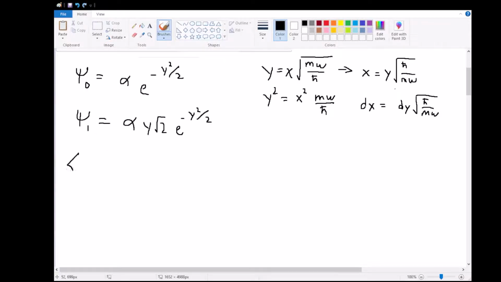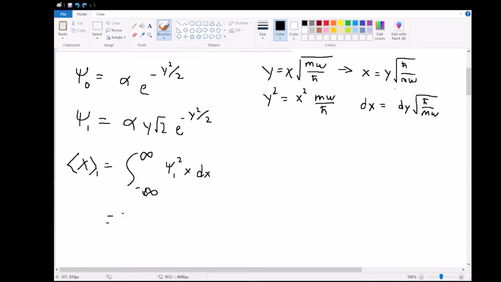So the expectation value of x in the first excited state is just going to be equal to the integral from negative infinity to infinity of psi1 squared, because once again, psi1 is a real function and it doesn't have any imaginaries for the complex conjugate to actually turn into negatives with, multiplied by x times dx. So if we take the squared term of psi1, we get alpha squared, or we have a root 2 and we have an alpha.